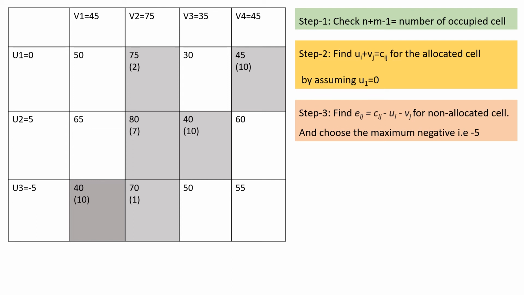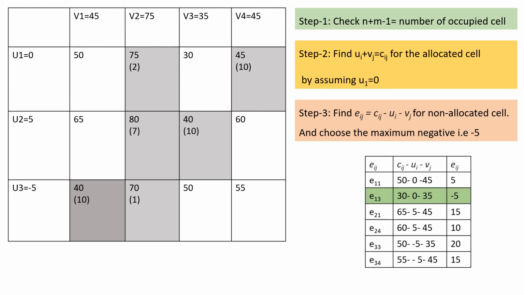We find this by assuming that u1 equals 0, so 0 plus v2 equals 75, so v2 equals 75, and here v4 equals 45, and using the same procedure we can calculate u2, u3, v3 and v1.